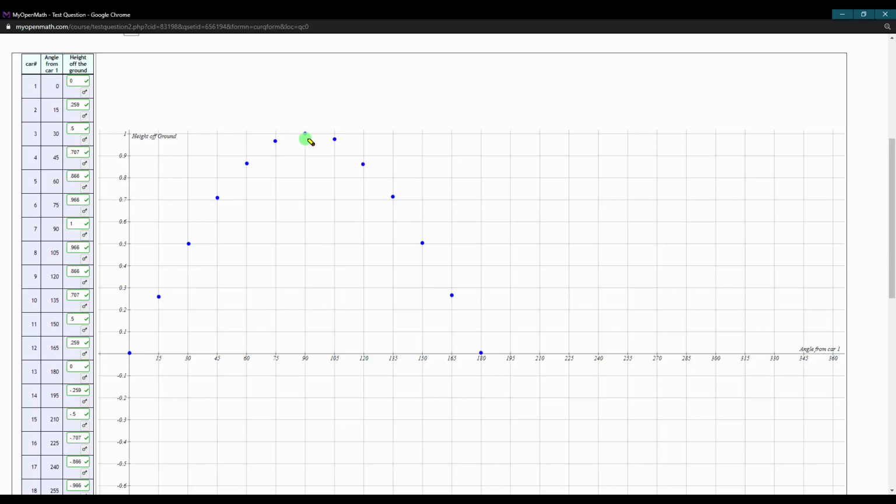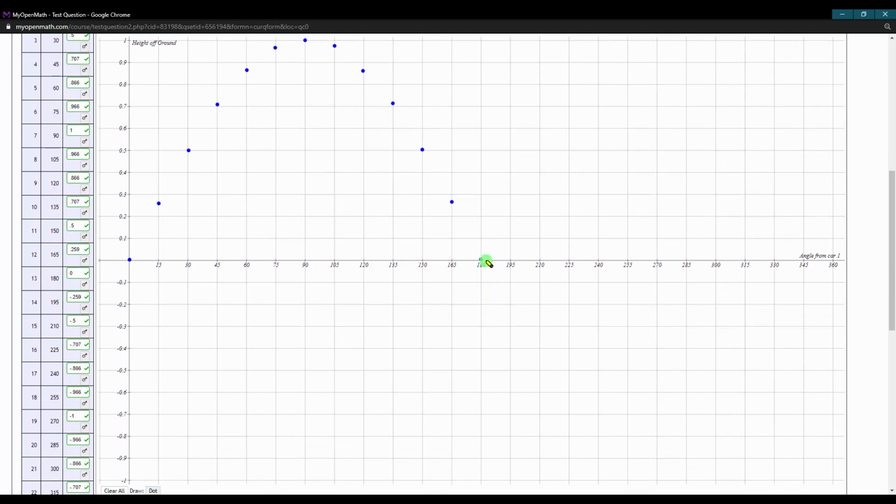And you start to see the shape of our graph form here. Now it doesn't stop here at 180. We start going down into the pit, so we're going to be going down here and completing the rest of this curve. So we're going to go to 195 next, so 195 degrees into the ride. We're at negative 0.259.